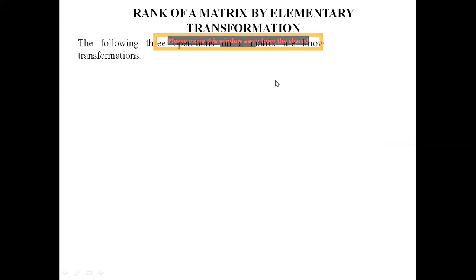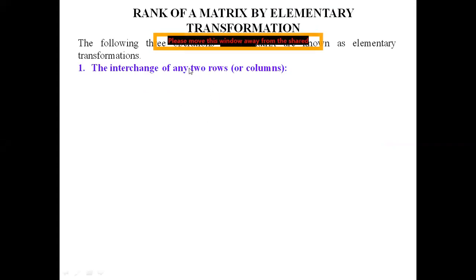For that, take any matrix having some m rows and n columns. One elementary operation is the interchange of any two rows. In a matrix, you can interchange any two rows, or any two columns also, but not a row and a column.